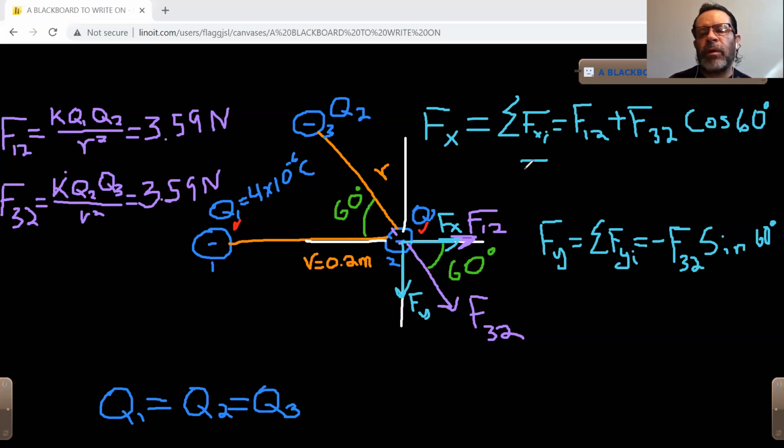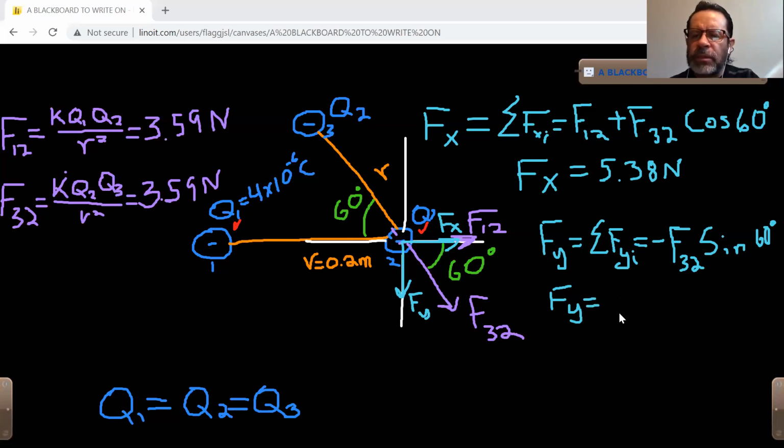And now if we substitute these values into this expression here, F12 plus F32 cosine of 60, we had also already gotten those values. And I think Fx, please try to do them just so you can review them, was 5.38. And the sum of forces in y was, I think, minus 3.1. Can you guys please verify the values?